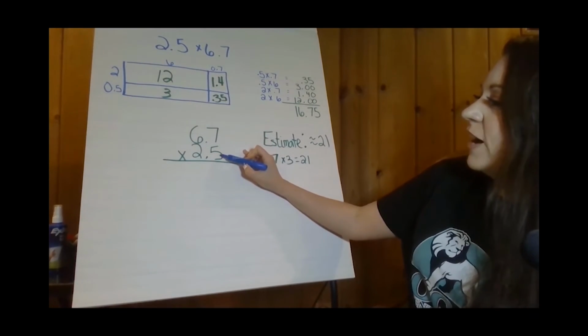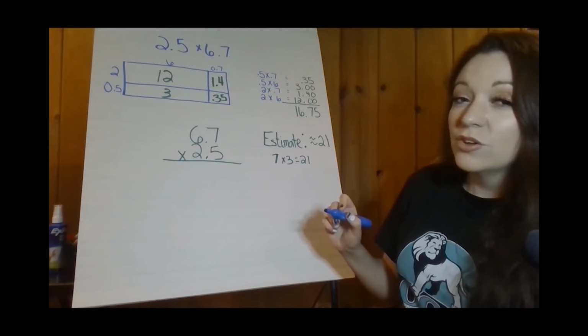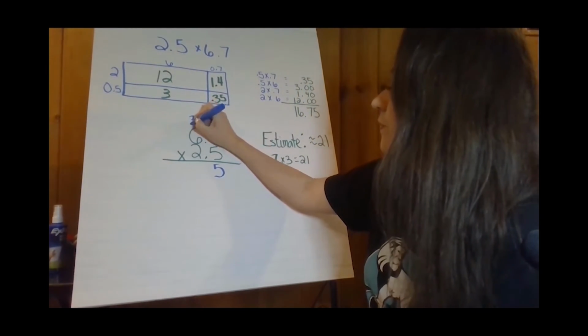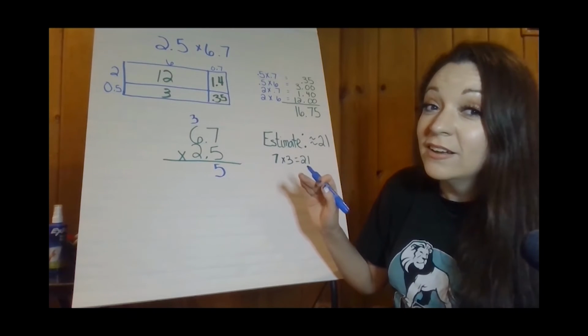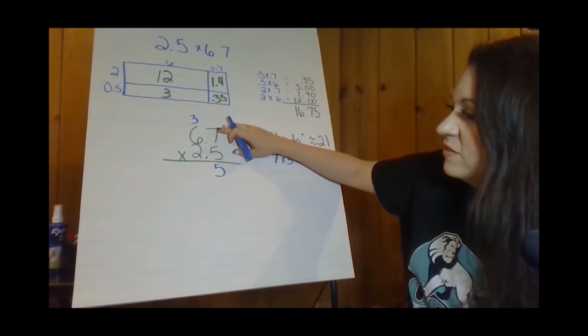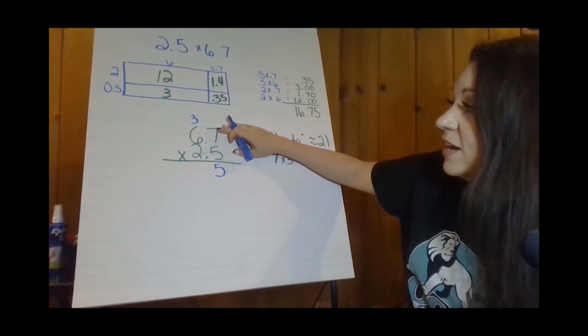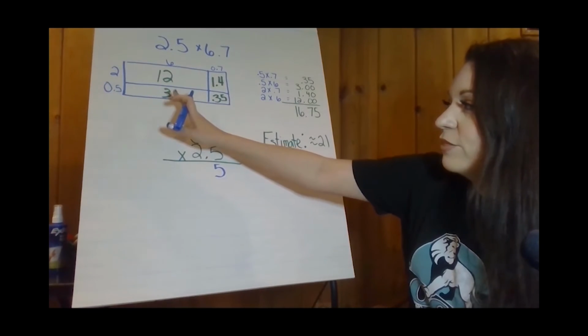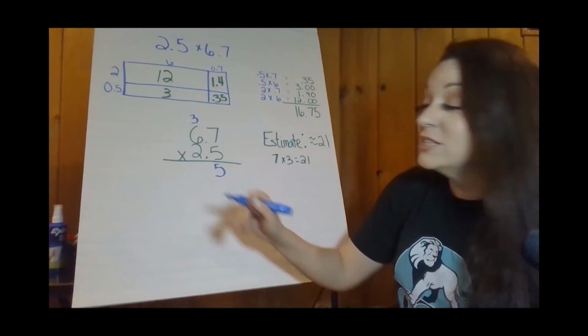So here we go. 5 times 7 is 35. Okay, but really, you're thinking about this, it's 5/10 times 7/10 is 35/10, and 35/10 is the same as having 3 wholes and 5/10, and that 3 is now over in that ones place.